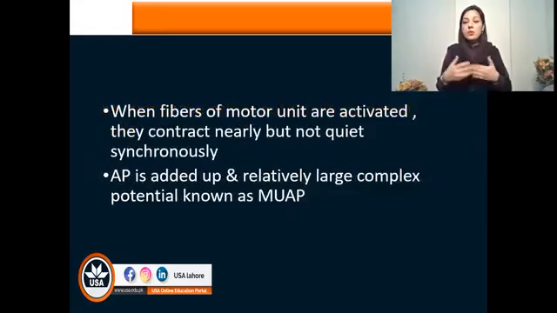When the motor unit fibers are activated, they contract nearly but not quite synchronously. The action potentials are added up and a relatively large complex action potential comes across to us, that is the motor unit action potential. This action potential is the combined effect of all the muscle fibers that are present in that muscle.